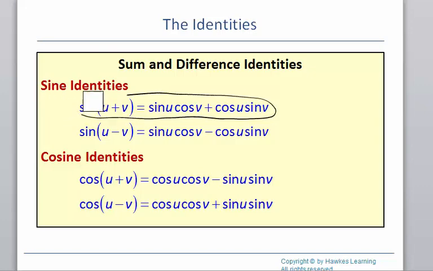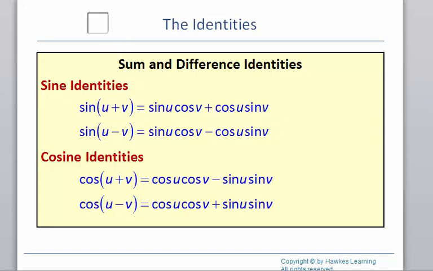So in other words, for our problem, the u is going to be 30 and the v is going to be 45. And so our formula is going to look like this when we plug the angles in. Sine 30 times cosine 45 plus cosine 30 times sine 45.